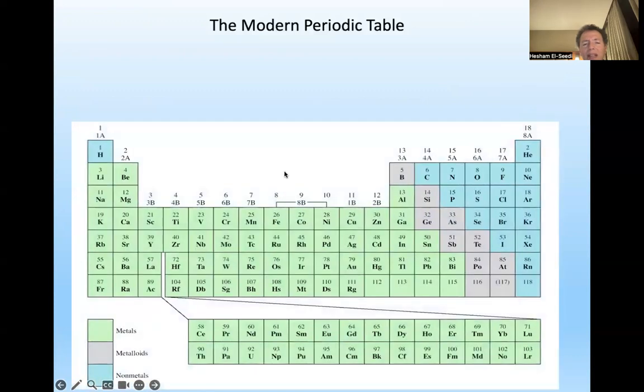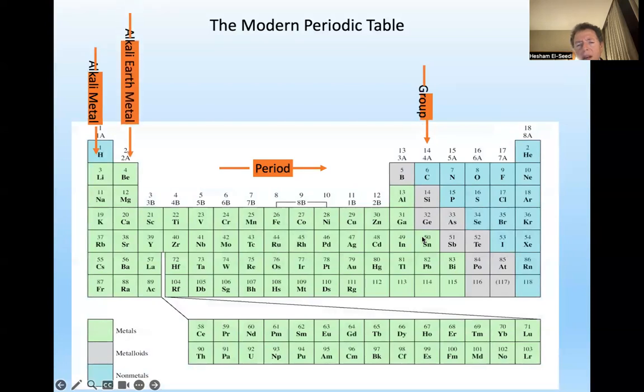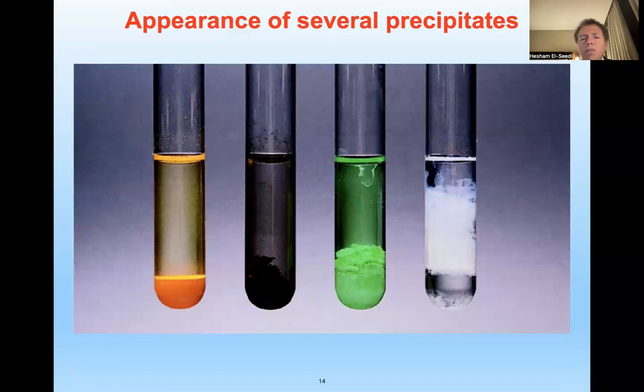Then we take it in the periodic table. It showed you with the arrow here the alkali metals and also the groups of alkali metals and alkaline earth metals. Here also the halogens: fluorine, chlorine, bromine, iodine, etc. And these are the noble gases.